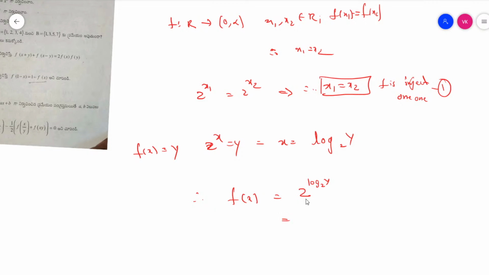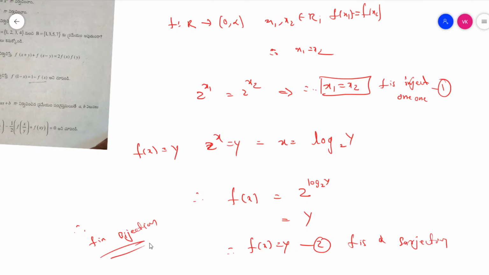But we know the formula for this, it is directly y, so f of x is equal to y. So it is condition 2. So we can write f is a surjection function. From 1 and 2 we can directly write f is a bijection function. These are the proofs for this.